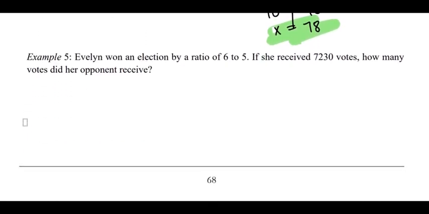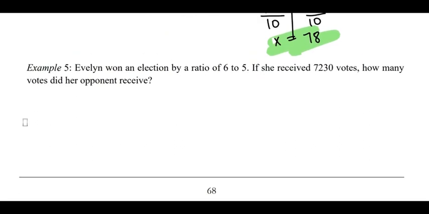Last but not least, Evelyn won an election by a ratio of 6 to 5. If she received 7,230 votes, how many votes did her opponent receive? So when we say that Evelyn won an election, she got more votes. So I have three numbers, 6, 5, 7,230.